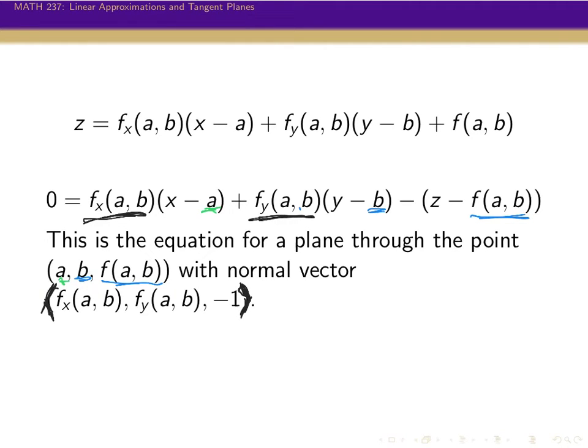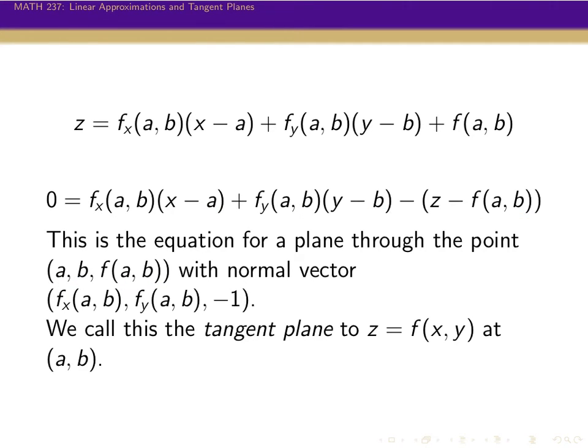The component of y is the y component. And then the component of z is going to be minus 1 because we're just subtracting off that term. Okay, and so this naturally gives us the equation for a plane. And so because this is a plane and it is the approximation for the surface at that point, we're going to call it the tangent plane to the surface at the point ab.